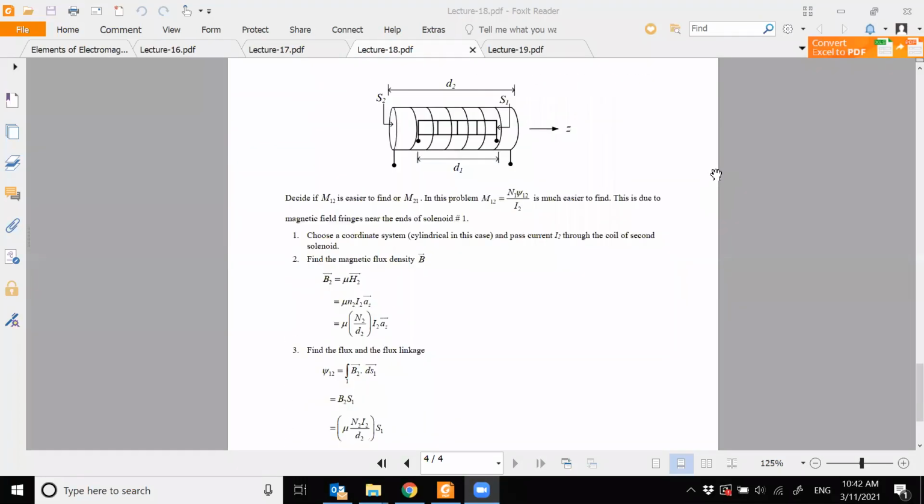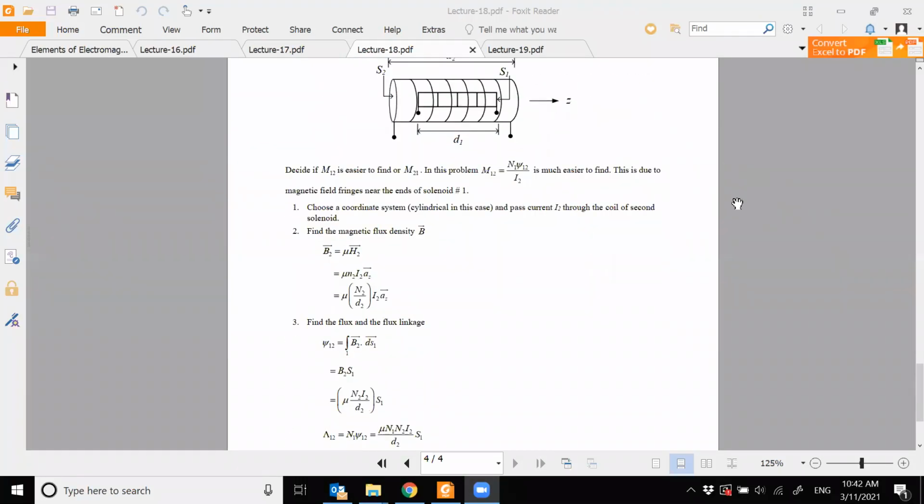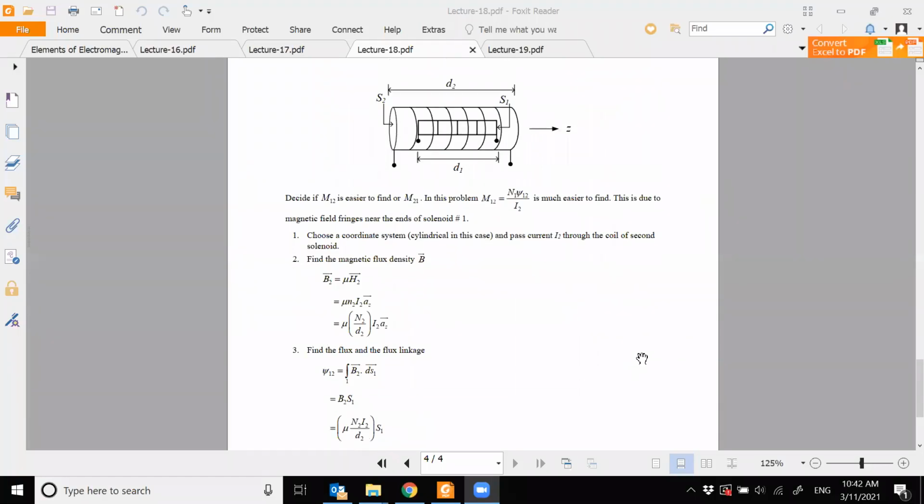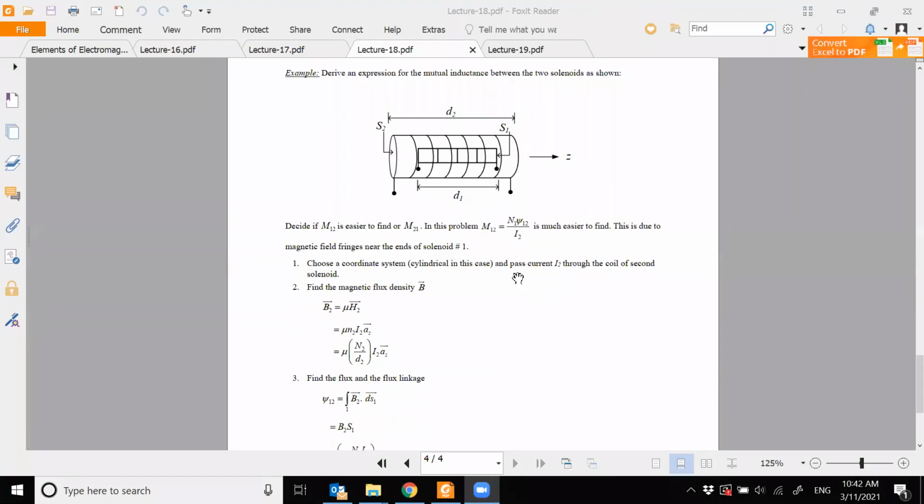Now, let us take one more example of mutual inductance. The example is saying that you have two solenoids, one inside the other. The inner solenoid is small, with circular cross section and cross-sectional area S1.